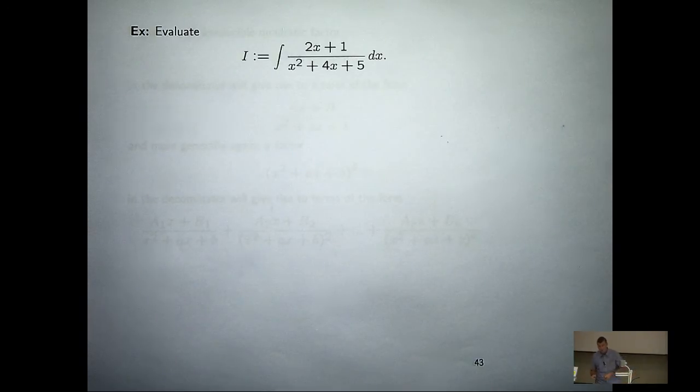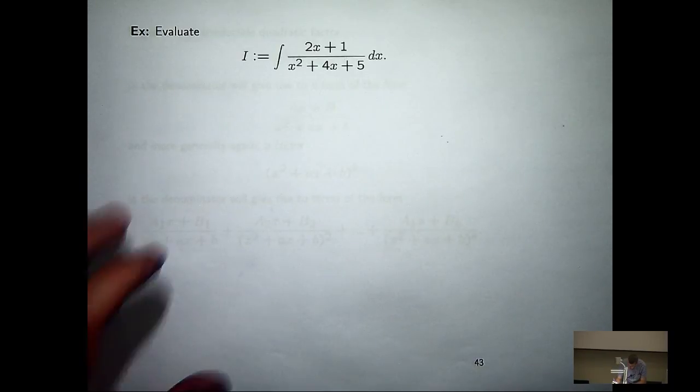Okay, so if I look at the bottom, what's the derivative of x squared plus 4x plus 5? 2x plus 4. Do I have it on the top? No. But what I can do is make that numerator into the following.